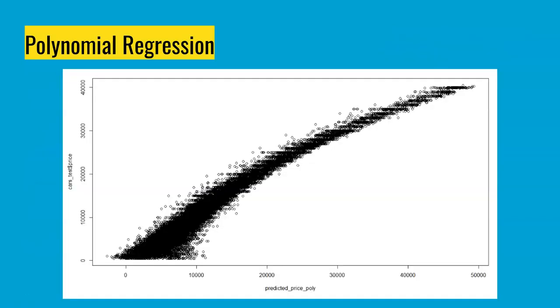In this visualization, we can observe that the polynomial regression did really, really well in predicting the dependent variable. We can see that there's a clear curvature to the data, and even though there's a larger variance in the lower price ranges, as the prices go up, our model gets increasingly precise.